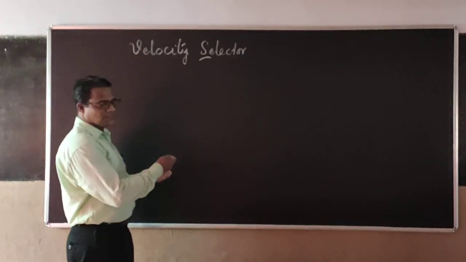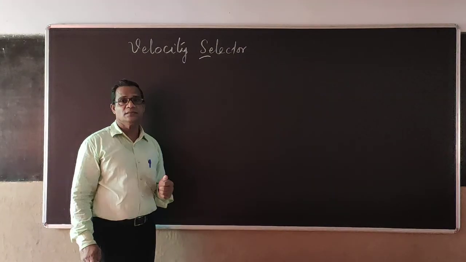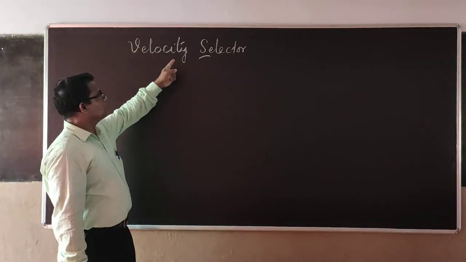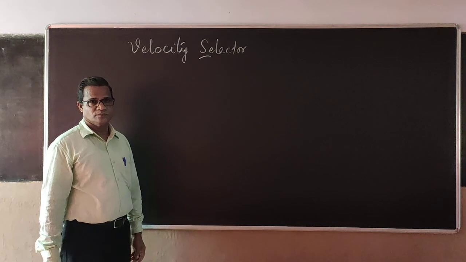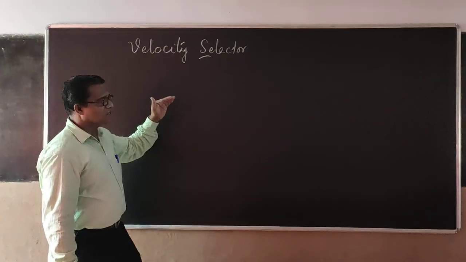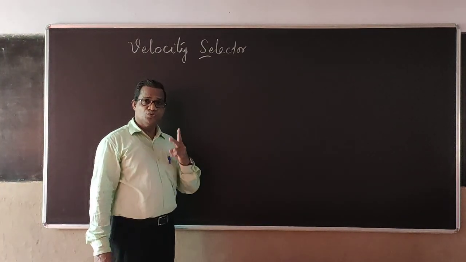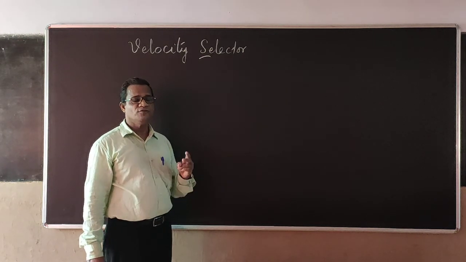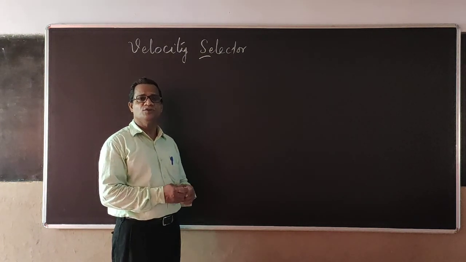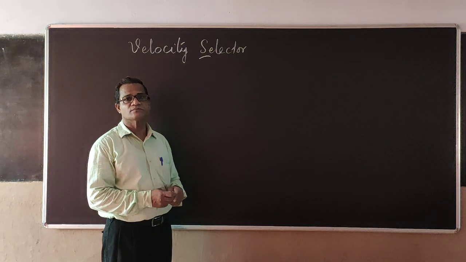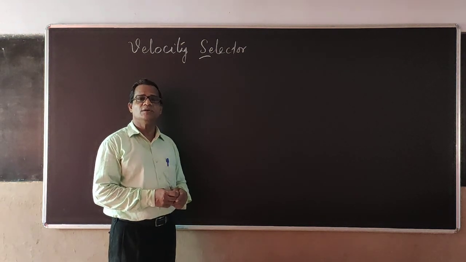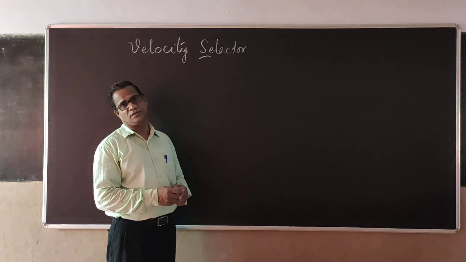Now, we are discussing the theory behind the working of the velocity selector. Here we are using two fields, a uniform electric field and a uniform magnetic field, which are mutually perpendicular to each other.